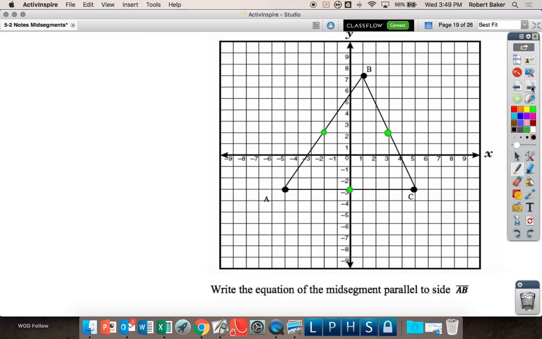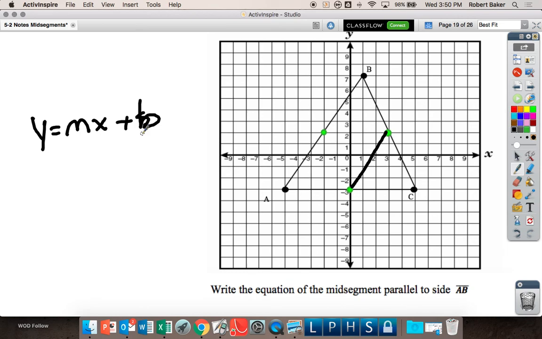Okay, so now what is the equation of the midsegment parallel to AB? So here is AB, and this is the one that's parallel to it. So we need two things. We need a slope and a y-intercept. Is the y-intercept the same?